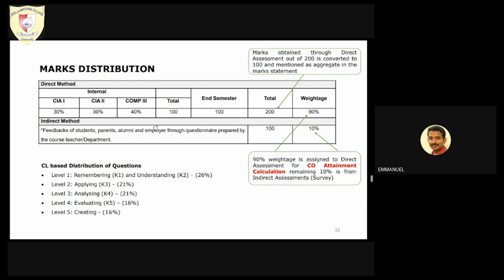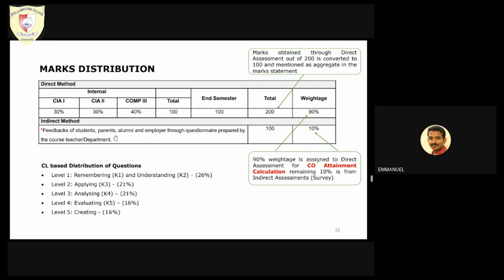Then from the employers who are going to employ our students, we will be taking feedback and consolidating all the feedback related to the particular course, using a questionnaire designed by the particular course faculty.